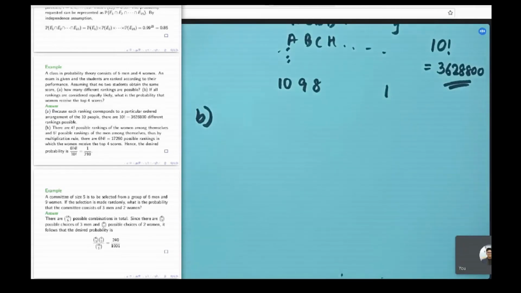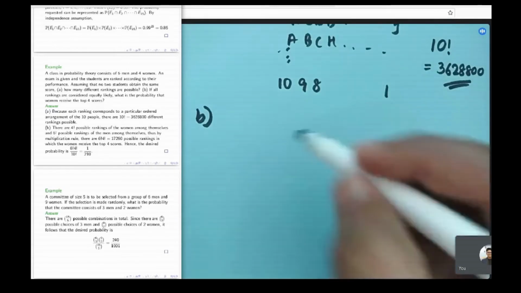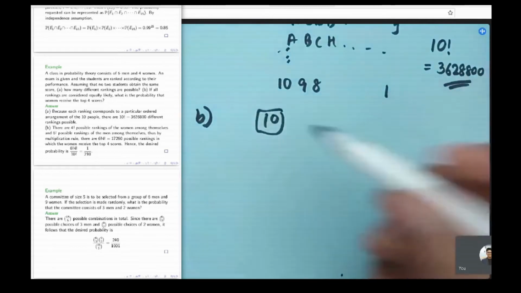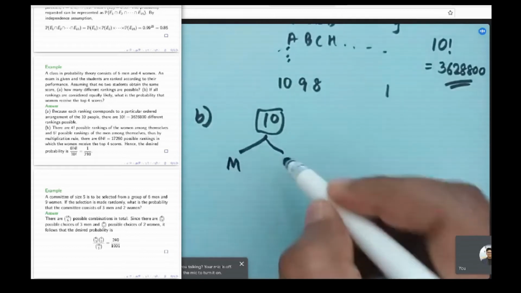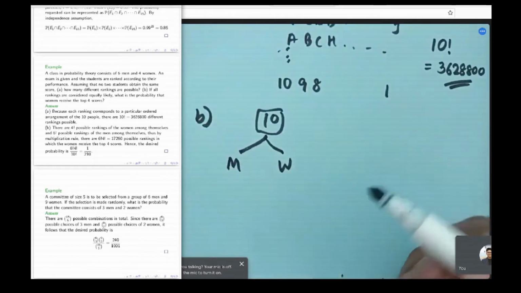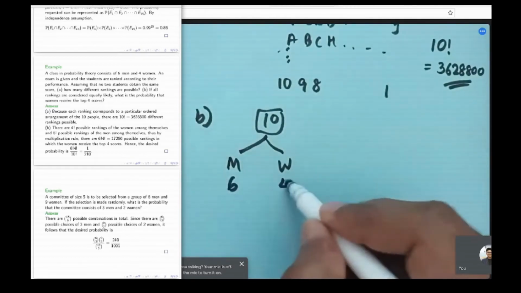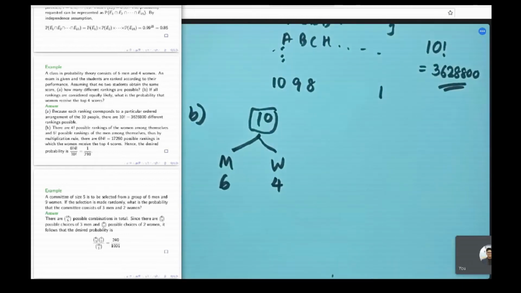So you have 10 people, but all these 10 individuals are classified into men and women. We have 6 men and 4 women. The question asks what is the probability that women receive the top 4 scores.